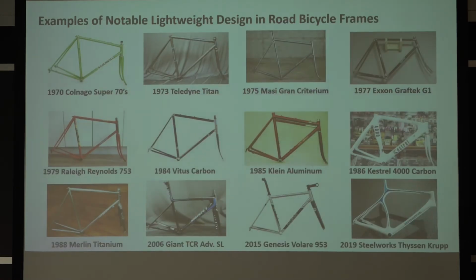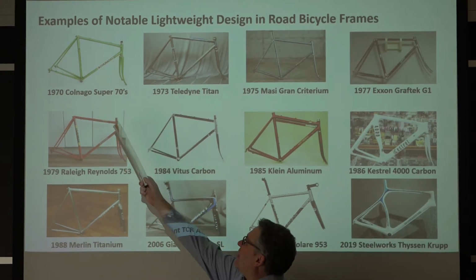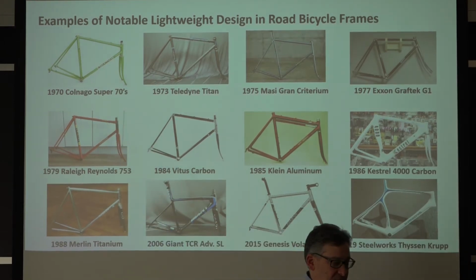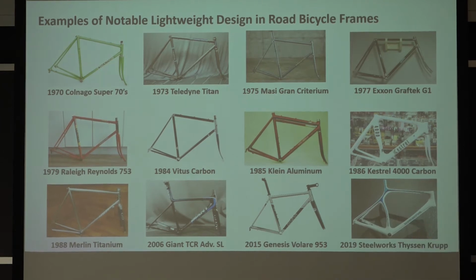Okay, bicycles. So here are a bunch of bicycle frames going back to 1970 and up till today. Starting here with this Colnago, this was the state of the art for decades, where you used a chromoly tube or manganese moly tube, depending on if it was Reynolds or Columbus.